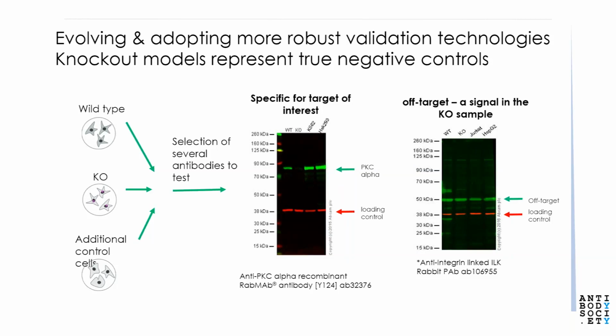And for the last 4 years, we have implemented a large-scale antibody validation using knockout models. In this particular case, for example, we have an anti-PKC alpha antibody, where we are showing that in the wild type, the band is showing at the right molecular weight.